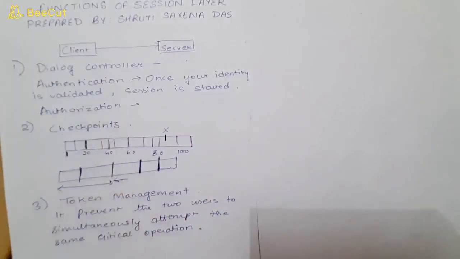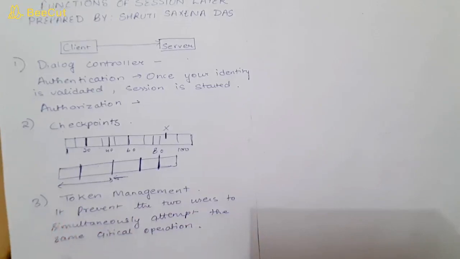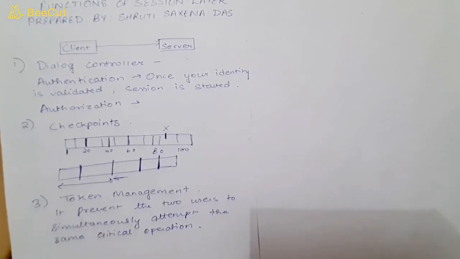Then we discussed checkpoints. In case of any failure, there is no need to start retransmission from the beginning. If you are maintaining synchronization points, you only have to start after the last checkpoint.